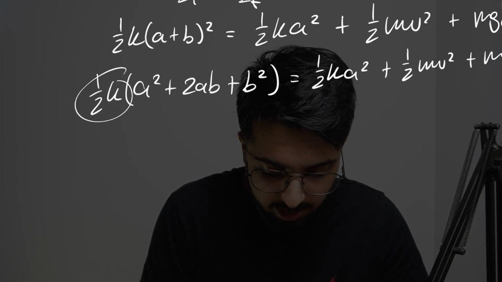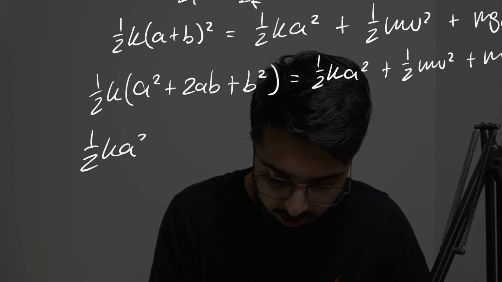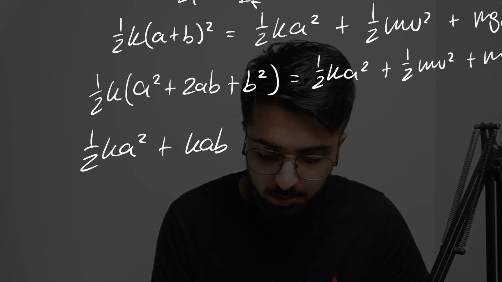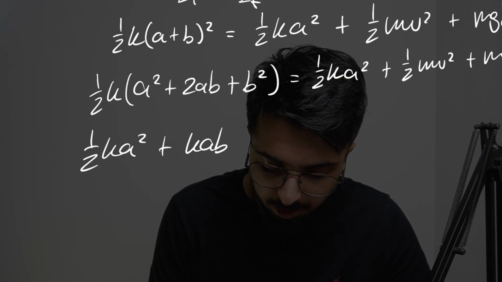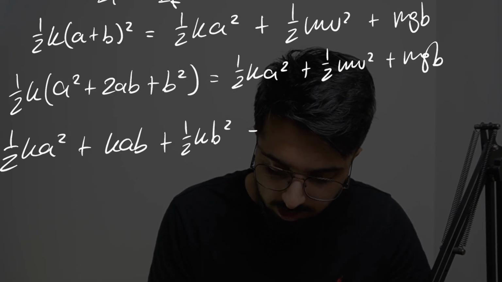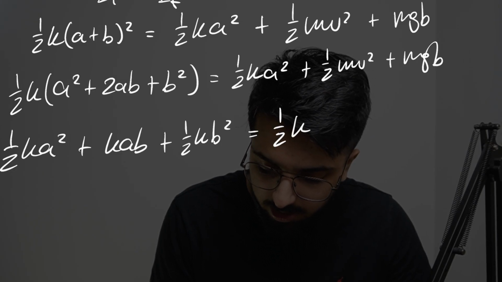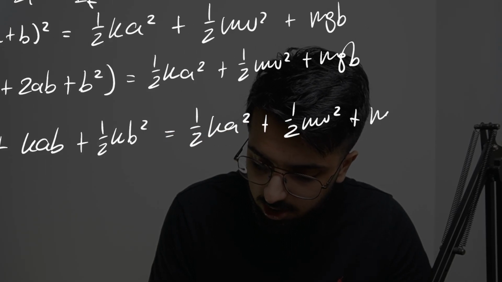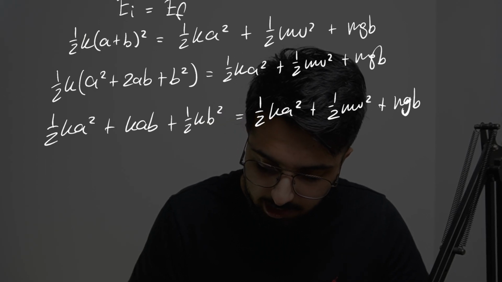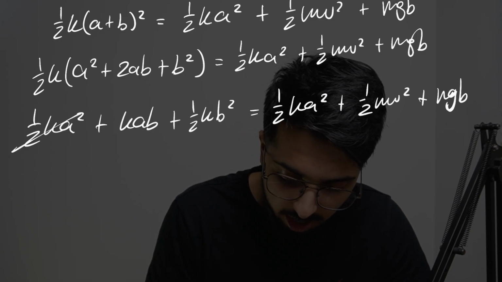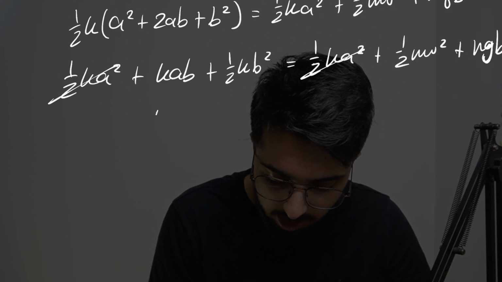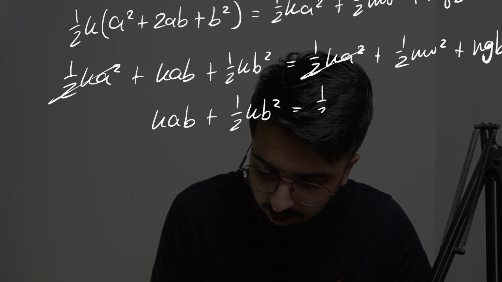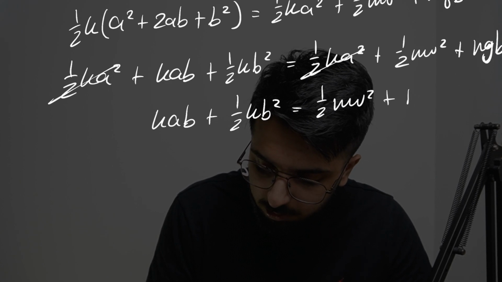And now we can expand this out, and we get half ka squared plus kab, because 2 times half is just 1, so we can get rid of that, plus half kb squared, and that's all equal to half ka squared plus half mv squared plus mgb. We can already see some things that we can cancel, that would be our half ka squared. So we get kab plus half kb squared is equal to half mv squared plus mgb.